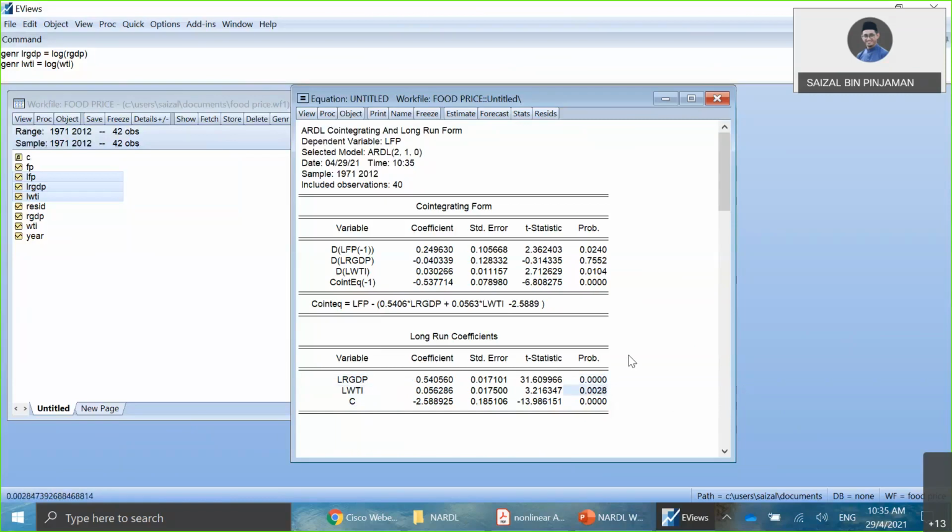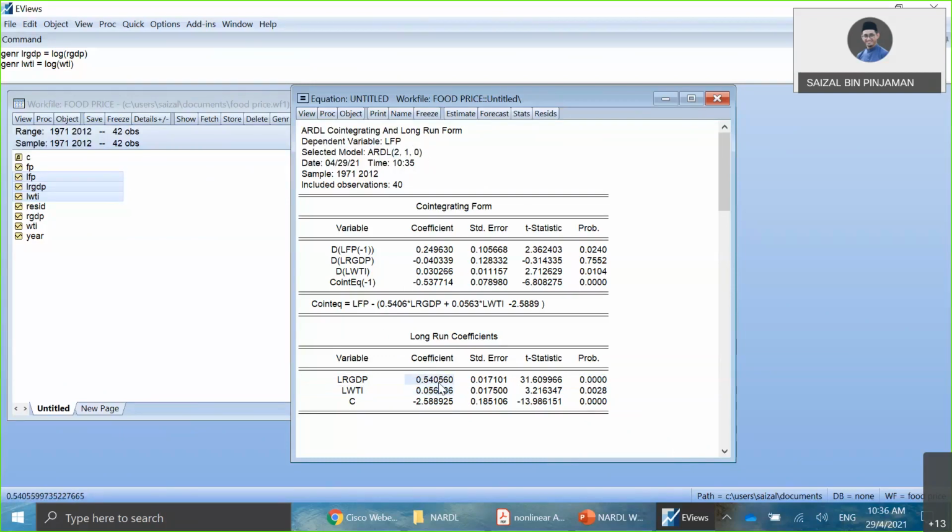If we use a 10% significance level, here we can see that our probability value is smaller than the 10% significance level. So in that case, we can conclude that gross domestic product and fuel price are significant in explaining the food price in the long run, where based on the coefficients, both exhibit a positive relationship with the food price, as the coefficient values are both positive.